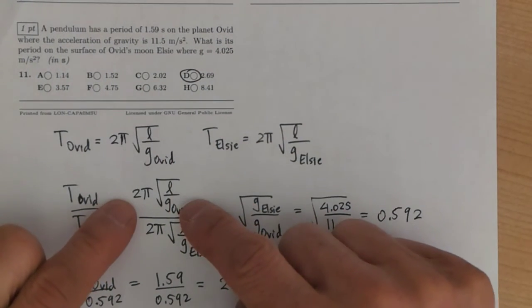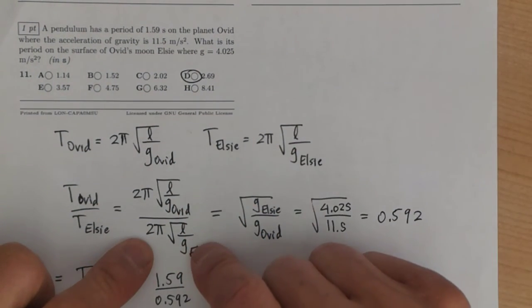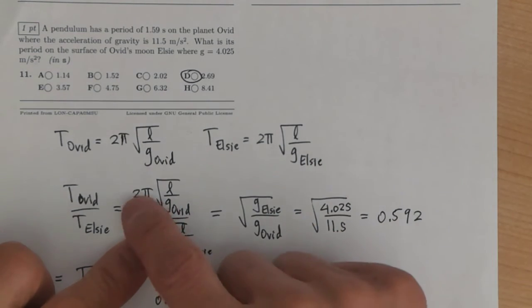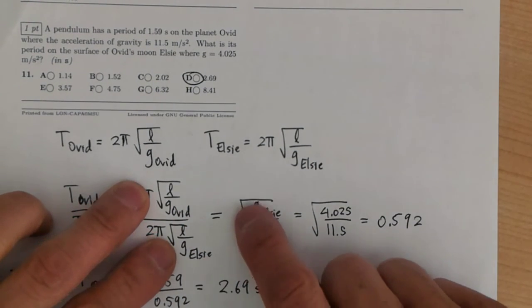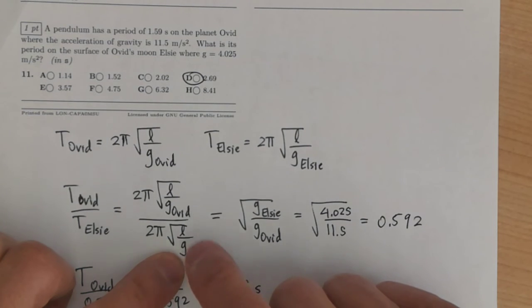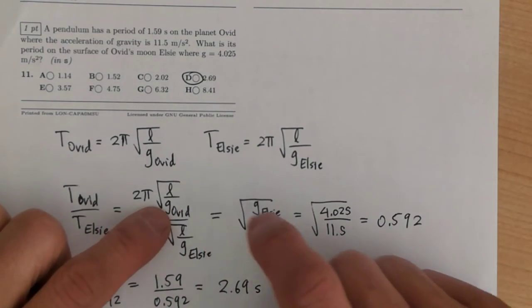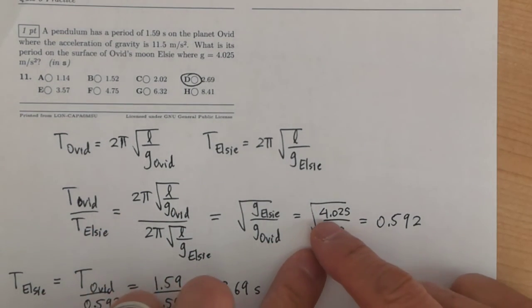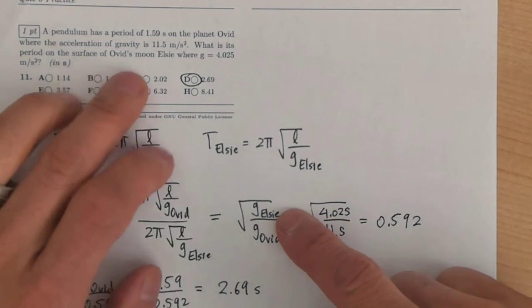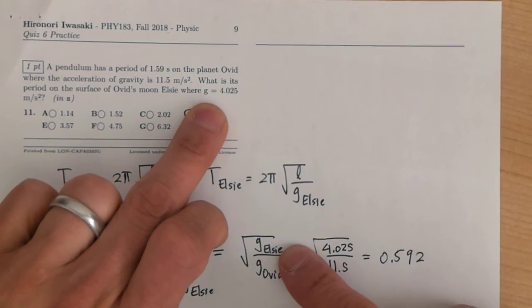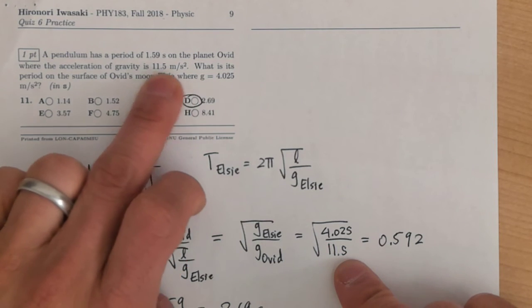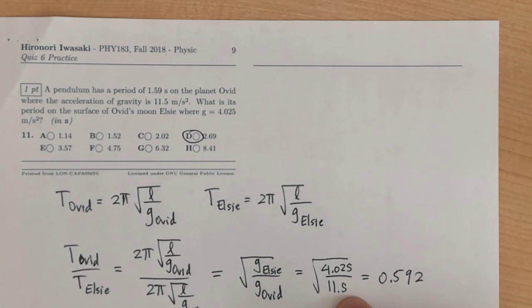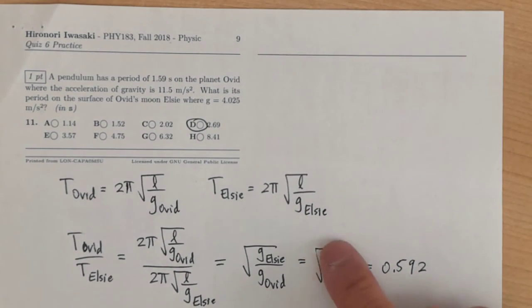So I plug in my formula for T Ovid, formula for T Elsie, and then the 2 pi's go away. Then I have the square root of this guy in the denominator; the denominator is in the numerator, this guy's in the denominator. So I get square root of 4.025 for Elsie, small g, and then divide by 11.5 for Ovid. That comes out with the square root to 0.592.